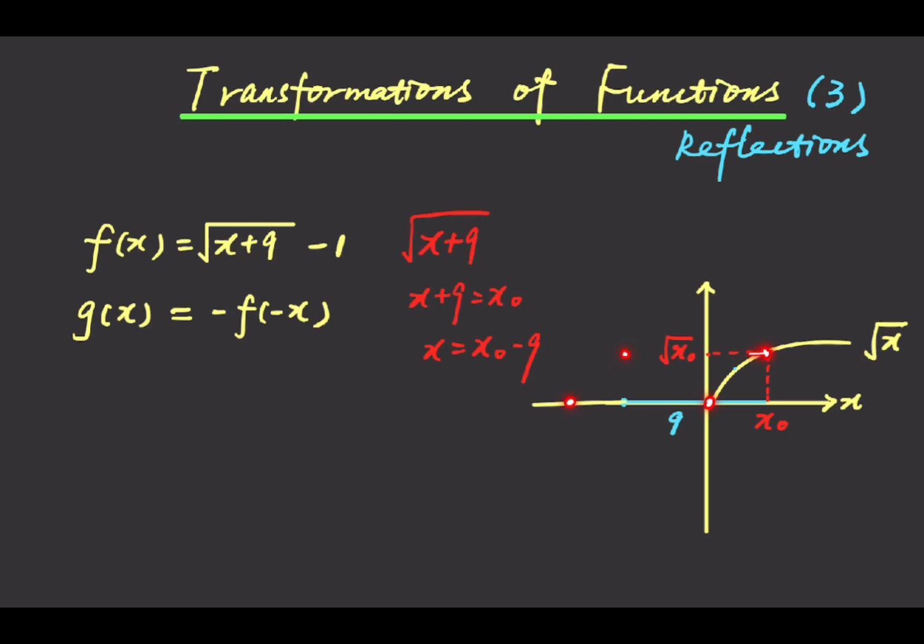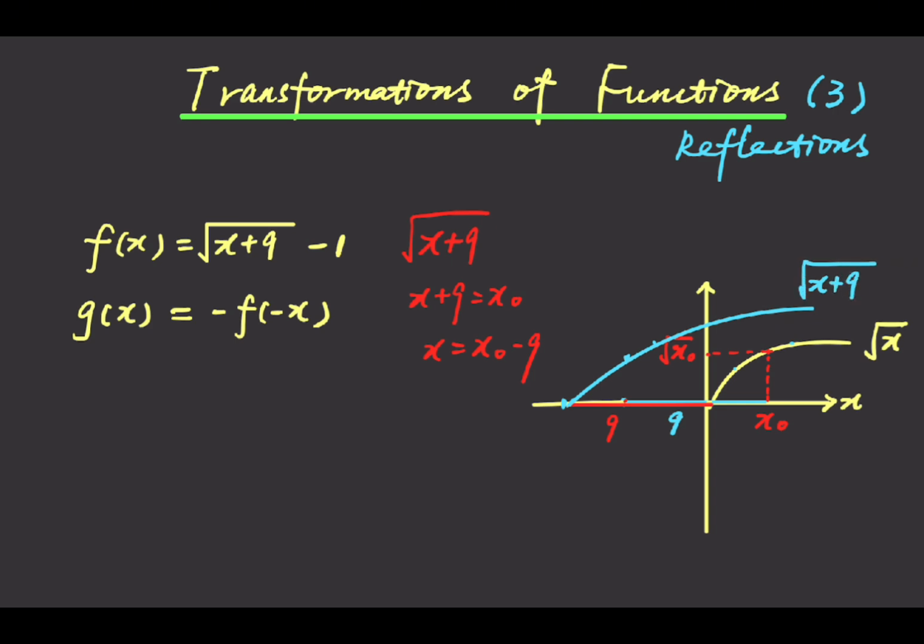Normally speaking, we need to locate the end points, image points. So here, this point, it should be here. This part also 9, and this point, it should be here. And this point, it should be here, so we can get the new graph of this square root of x plus 9.